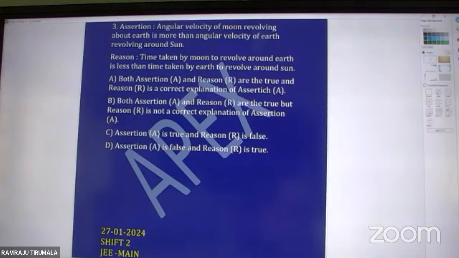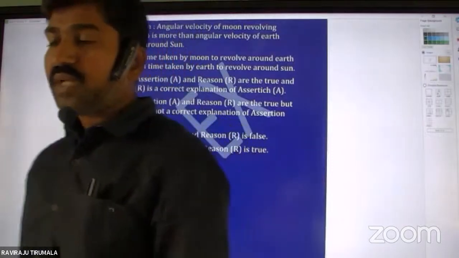What is the first point given? Angular velocity of moon revolving about Earth is more than angular velocity of Earth revolving around Sun. We know that moon is revolving around Earth and Earth is revolving around Sun.